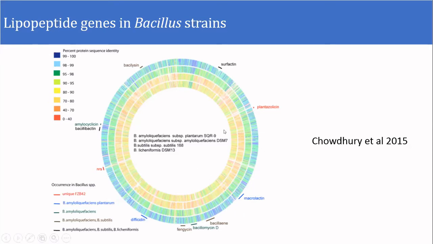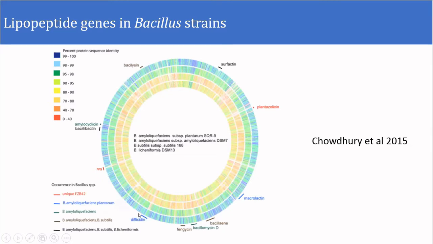Here the outer circle is Bacillus amyloliquefaciens subspecies plantarum, and the second one is Bacillus amyloliquefaciens subspecies amyloliquefaciens, the third circle is Bacillus subtilis, and the fourth one is Bacillus licheniformis.